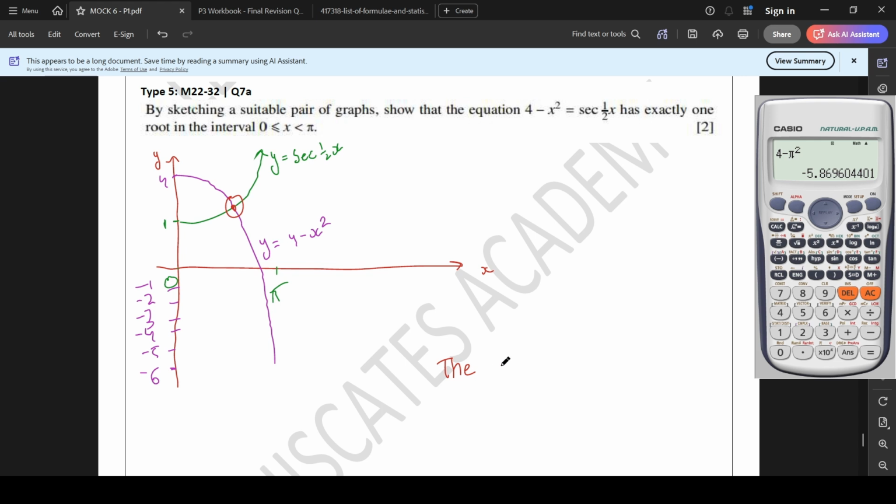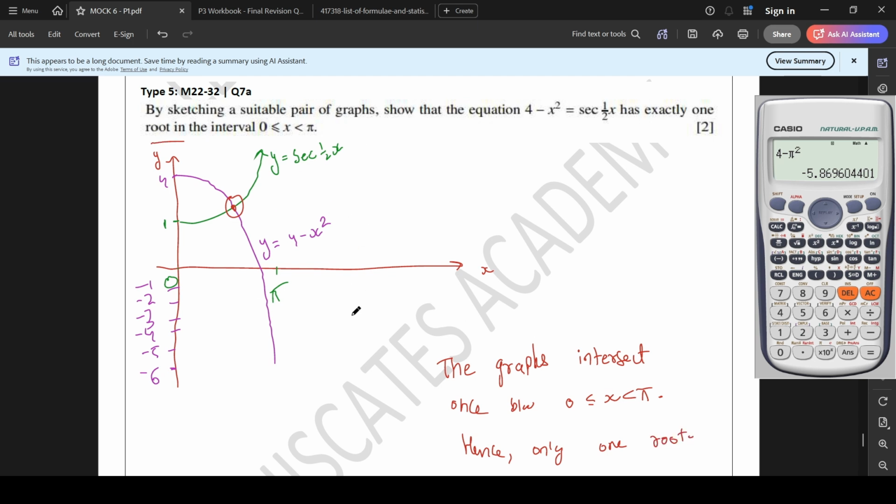The graphs intersect once between, of course, you write it properly, I'm just writing it in the short form, 0 to pi. Or you can write 0 less than or equal to x less than pi. Hence, only one solution or root as asked in the question.